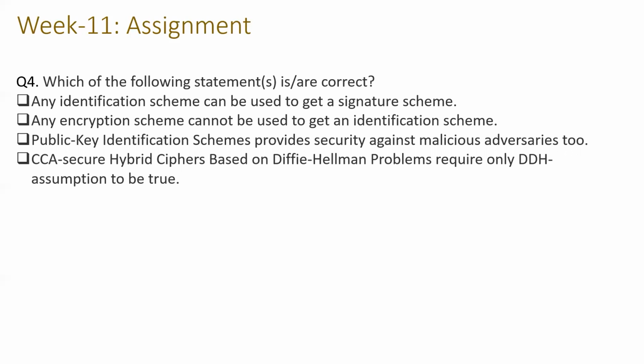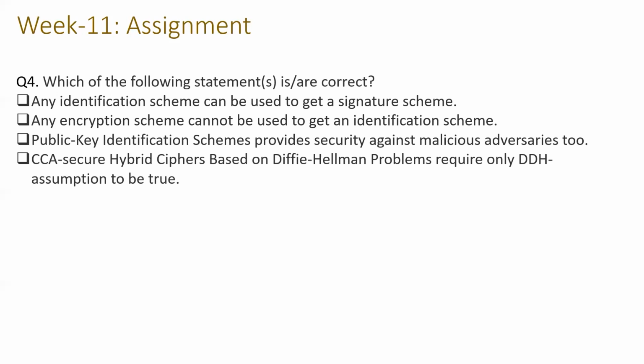But the protocol should be non-interactive. Once the signature is generated, the signer need not communicate with the verifier, and the verifier can be anyone. So using the Fiat-Shamir transformation, it is possible to convert any identification scheme to a signature scheme. The second statement says that any encryption scheme cannot be used to get an identification scheme.